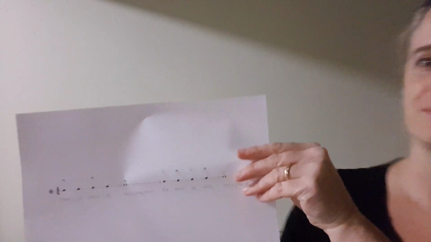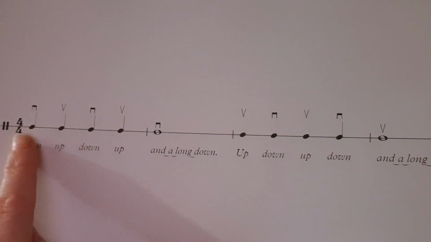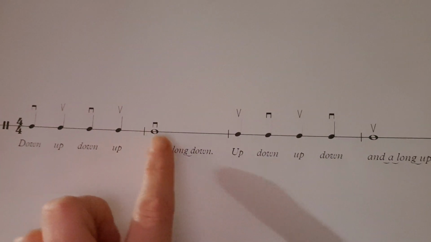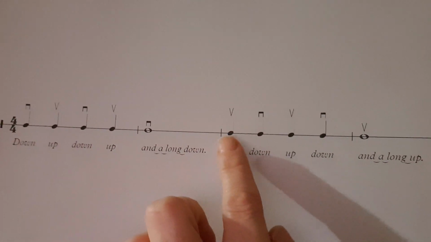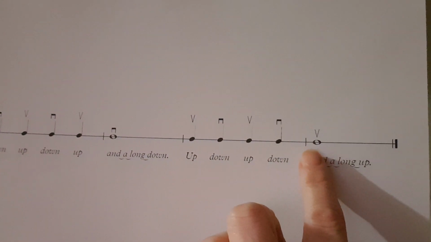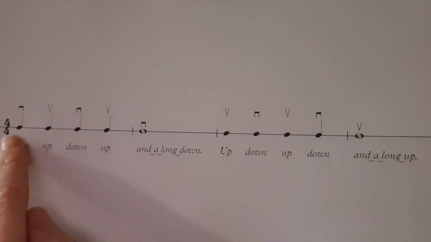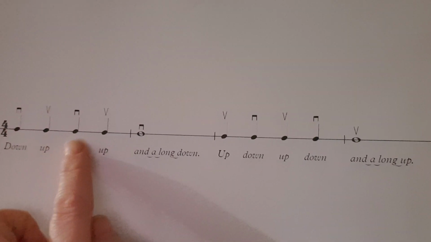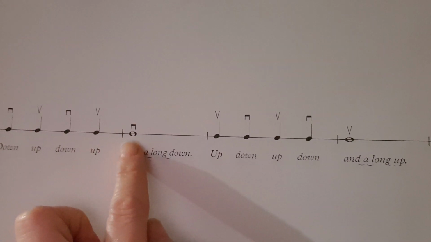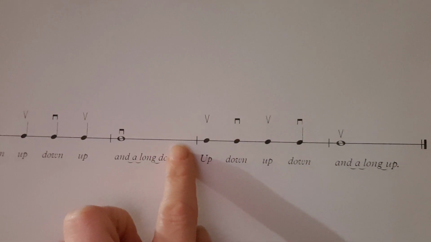So I'm sure you've already guessed which note values we're playing, but let's take a quick look at it on paper. So we have 4 crotchets and a semibreve. 4 crotchets and a semibreve. Down, up, and a long down.